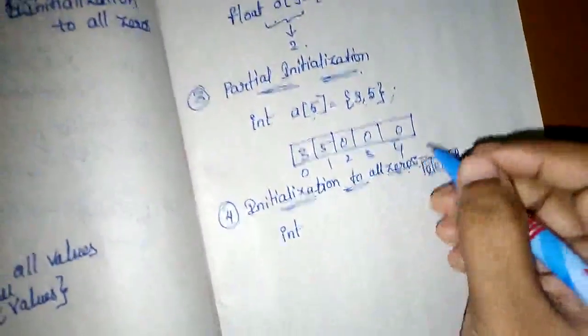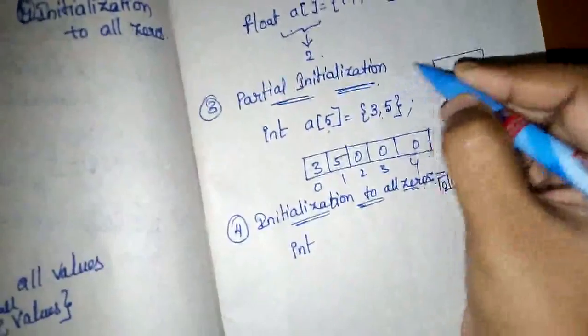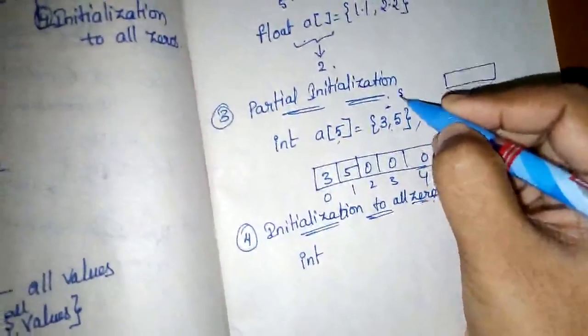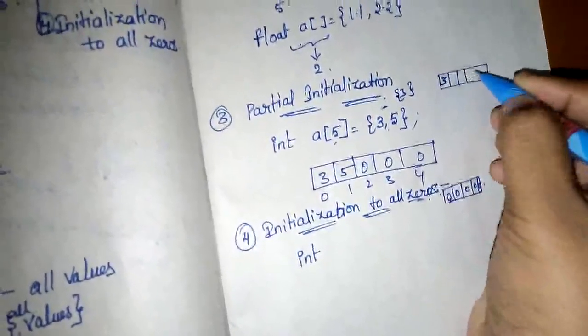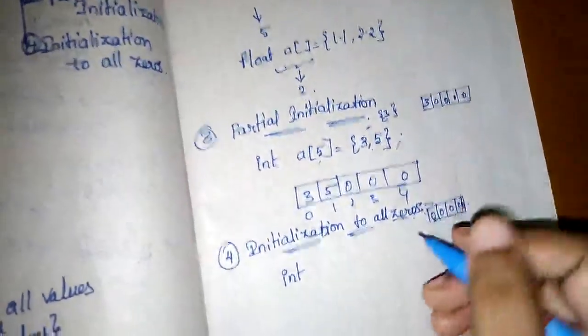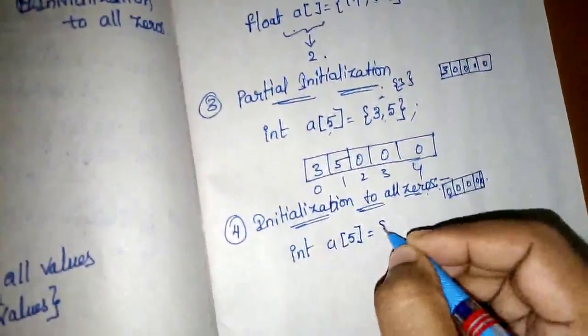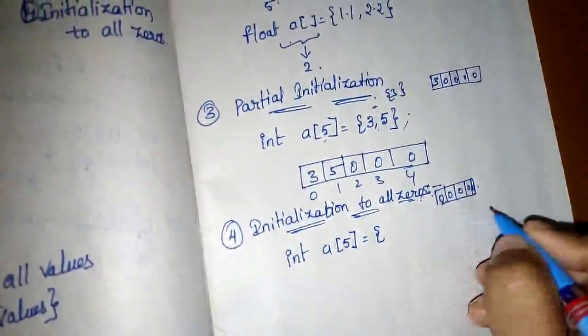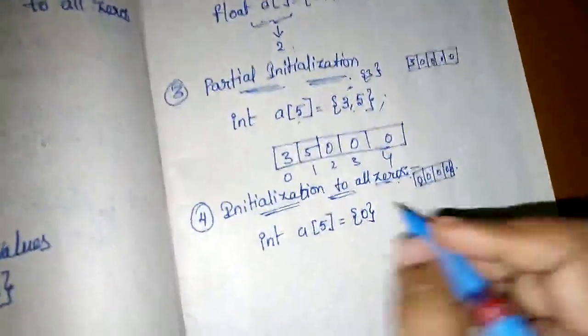So in partial initialization, say for example, if we initialize this to only one single element 3, so that single element will be filled in the first position and the remaining will be filled with zeros. In the same way here, when you want to initialize the whole array with zeros, you just initialize the first element to zero.